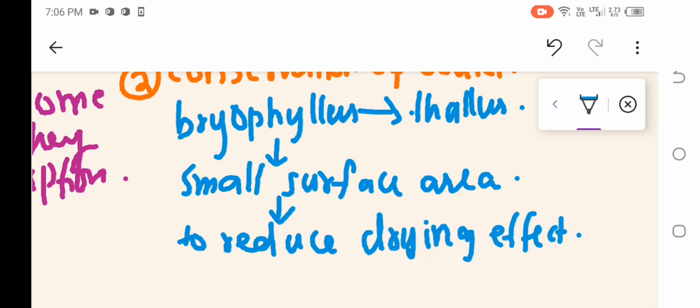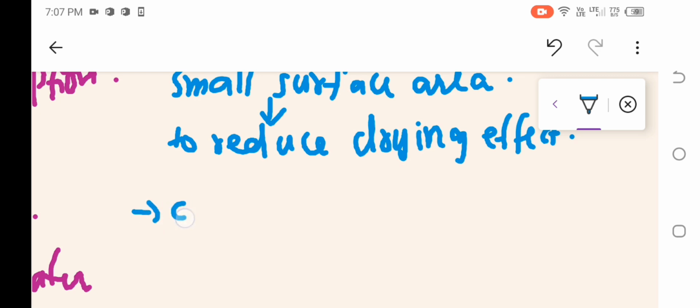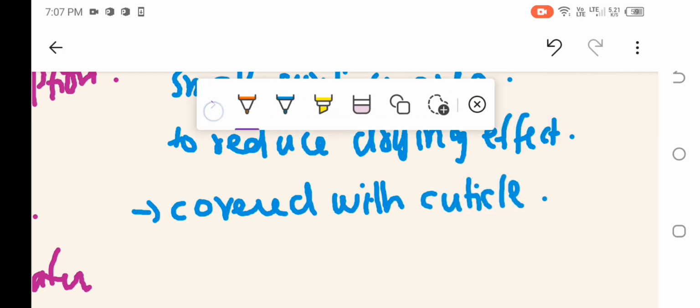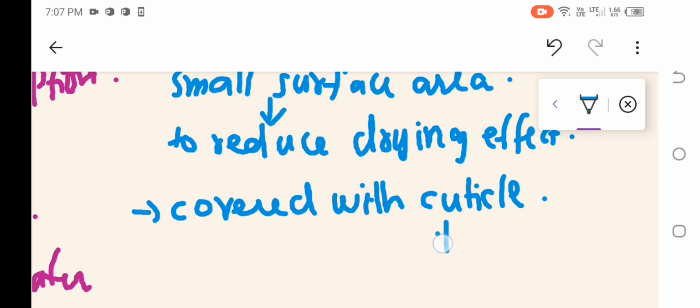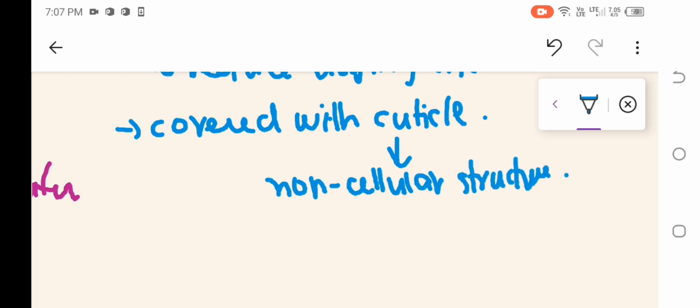Okay. Moreover, the outer and uppermost layer of cells is covered with cuticle. Now what is cuticle? Cuticle is a non-cellular layer or structure which is made up of a wax-like substance, which is known as keratin.